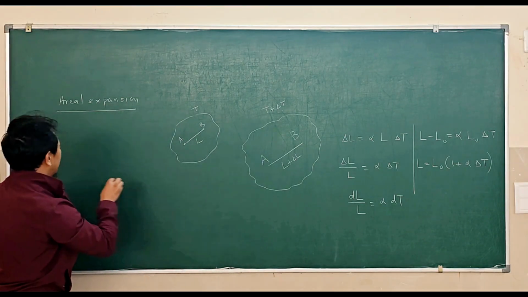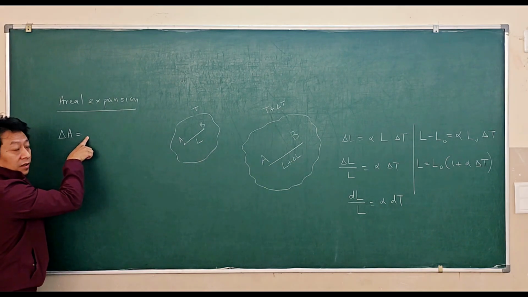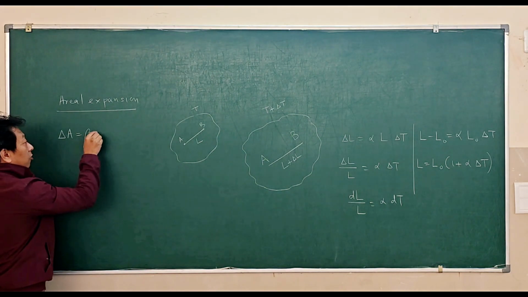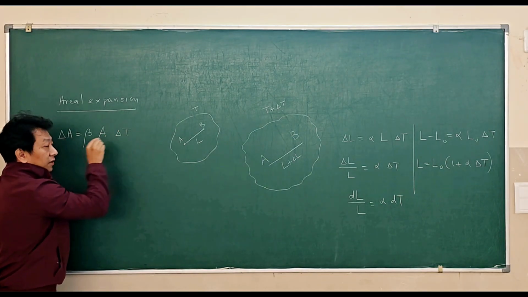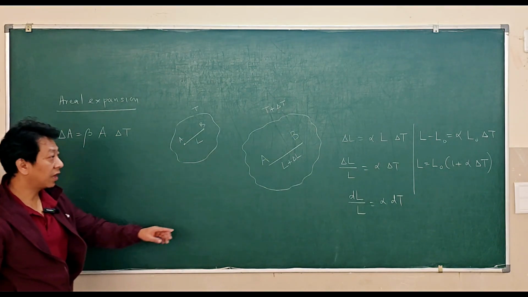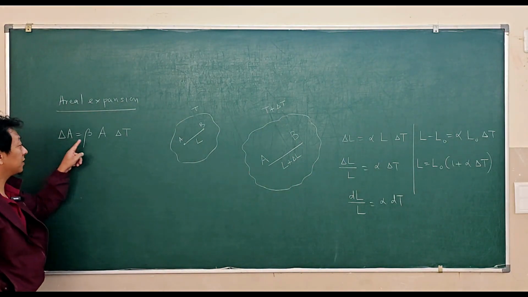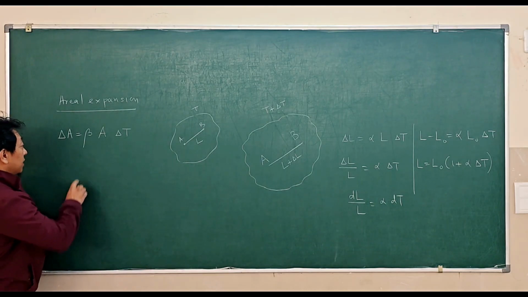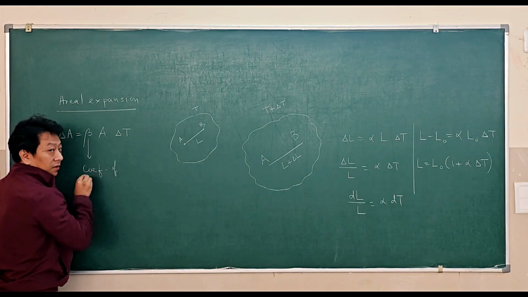Then how will you write delta A? Any guesses? Some constant you have to write. That constant we write beta, times A into delta T. So just like delta L has L, here we write delta A as beta A delta T. This beta is called the coefficient of, any guesses?